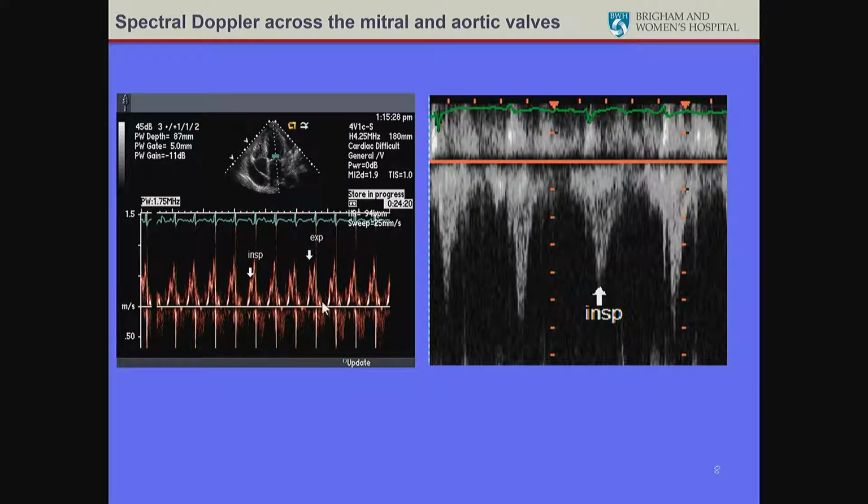Here we have spectral Doppler across the mitral and the aortic valves, both during inspiration as well as expiration.